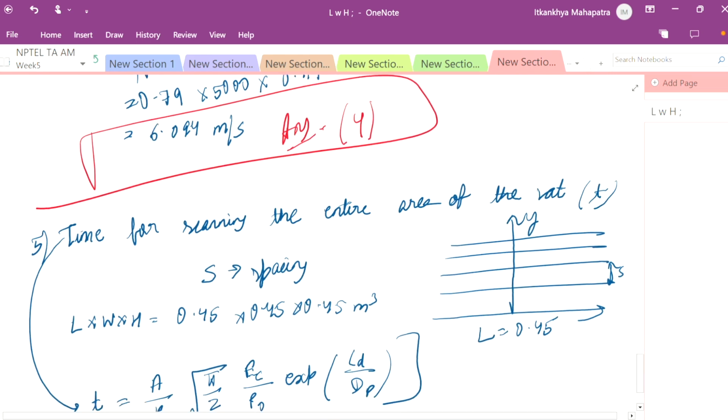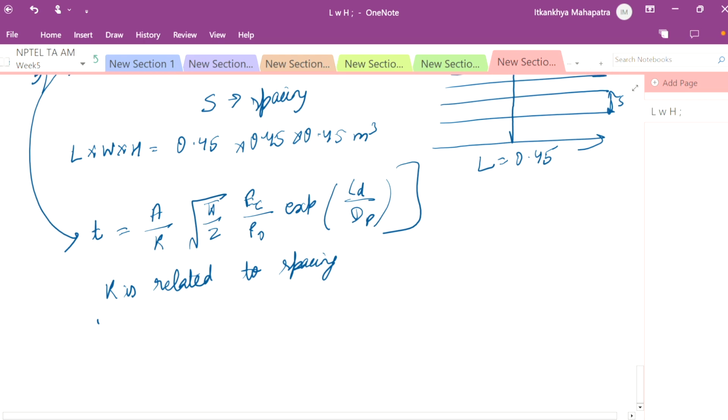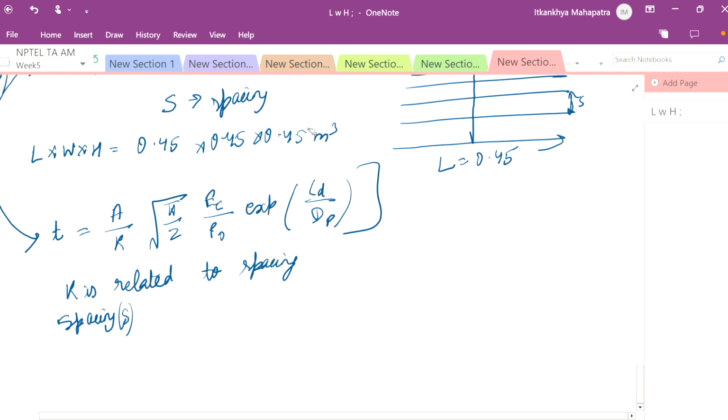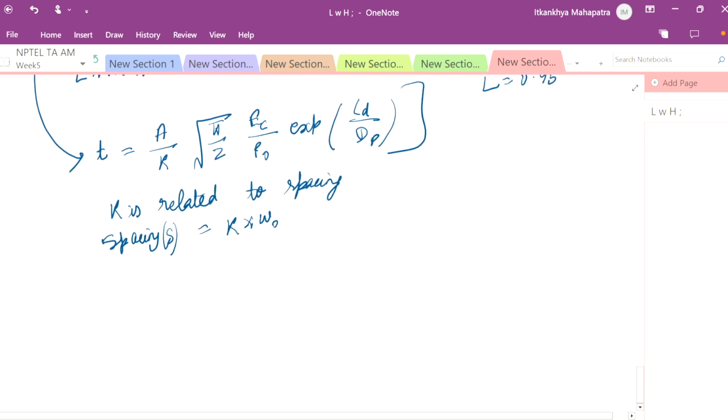Spacing S is equal to K into W naught, and area is equal to 0.45 into 0.45 meter square.